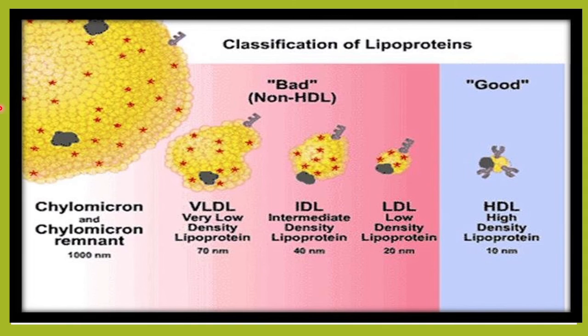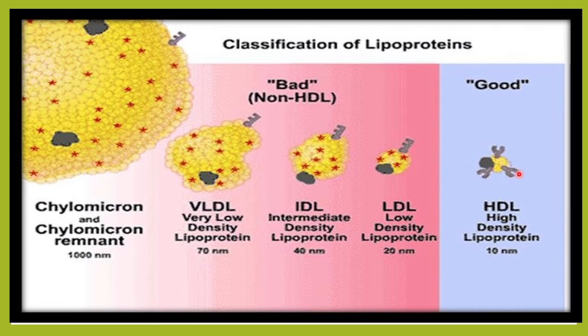Chylomicron, VLDL, IDL, LDL are classified as bad cholesterol or non-HDL cholesterol. Cholesterol which is not HDL is non-HDL cholesterol. So your non-HDL includes all of them: chylomicron, VLDL, IDL, which is also called VLDL remnant, and LDL.